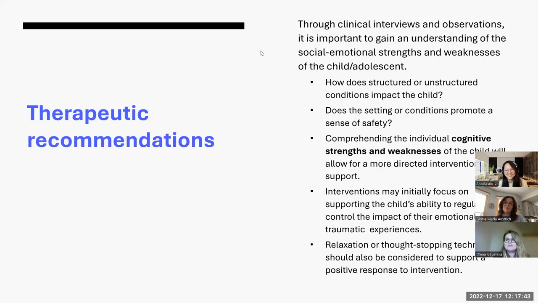So the therapeutic recommendations that we just talked about serve as a reminder. Through clinical interviews and observations, it's important to gain an understanding of the social emotional strengths and weaknesses of the child, the adult, or the adolescent. How does structured or unstructured conditions impact the child? Some kids thrive in unstructured conditions, and a lot of people don't.